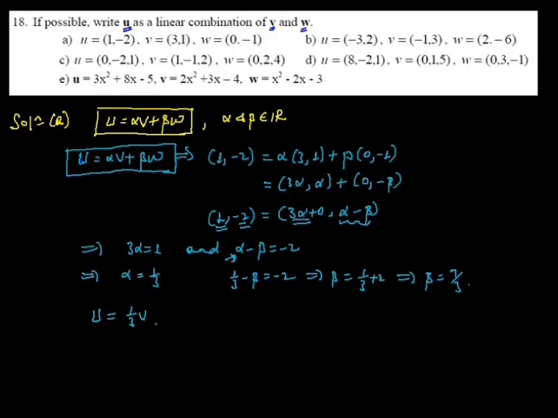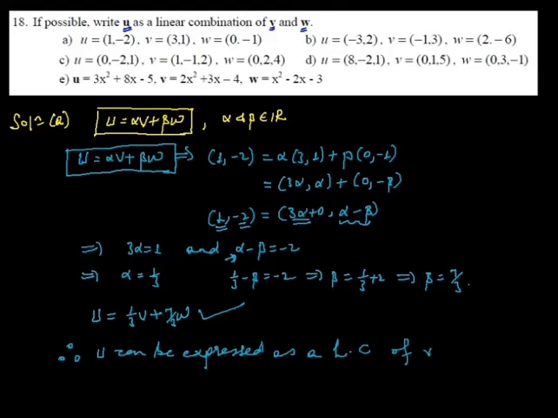Therefore it's possible to write u as a linear combination of v and w; u can be expressed as a linear combination of v and w.